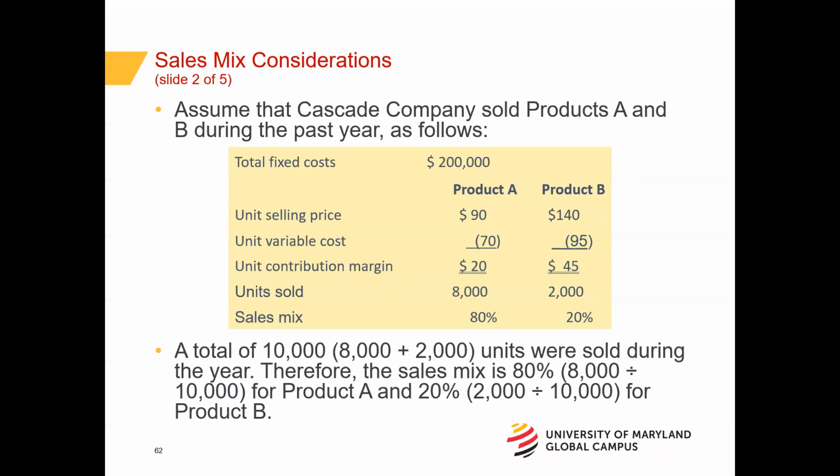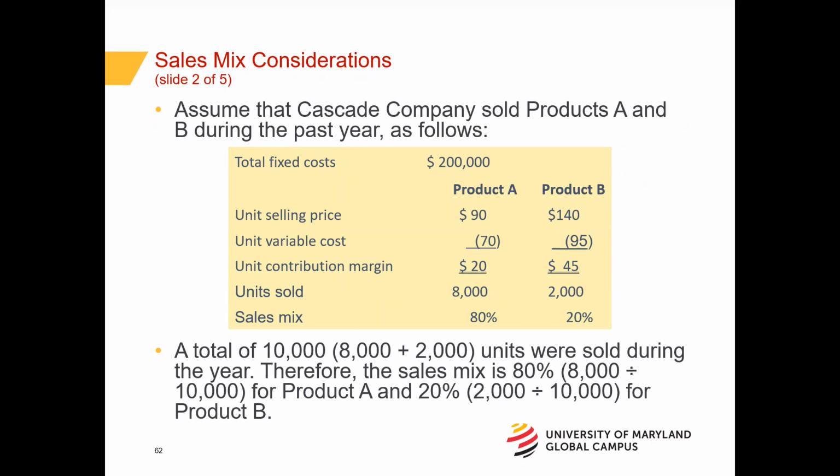Okay, so here's some data. We sold a total of 10,000 units across two different products. To find the sales mix, we take the number of units sold for that respective product. For example, product A, we sold 8,000 units, divided by the total units sold for the company.